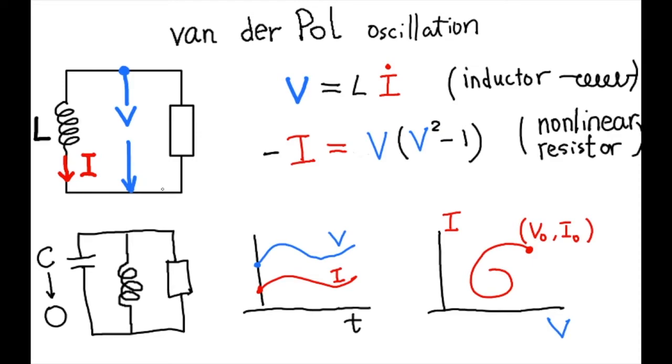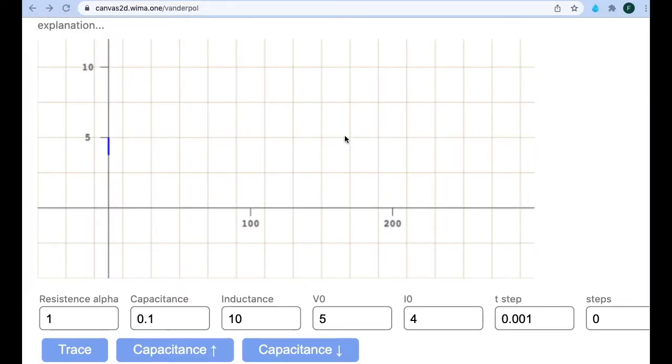Now I will show you the graph of voltage and current with respect to time t. The horizontal axis is time, and the vertical axis could mean voltage or current. The initial voltage is set to 5, current is set to 4, and I will click this button to increase time. The red line is current, and the blue line is voltage.